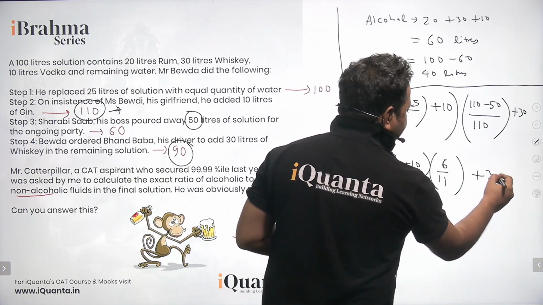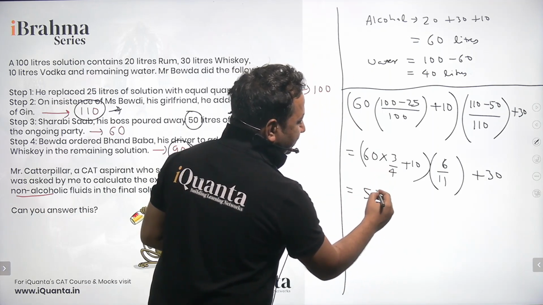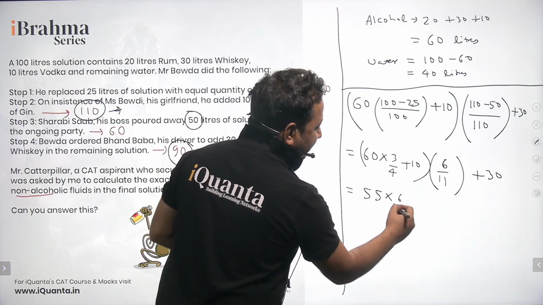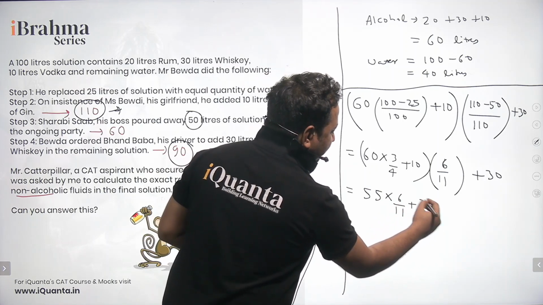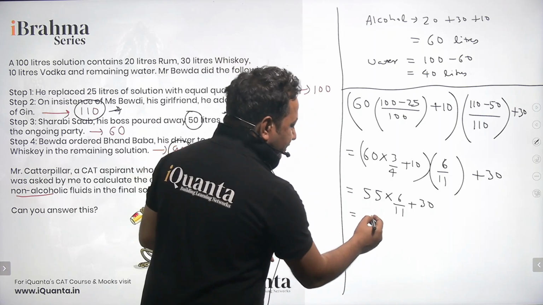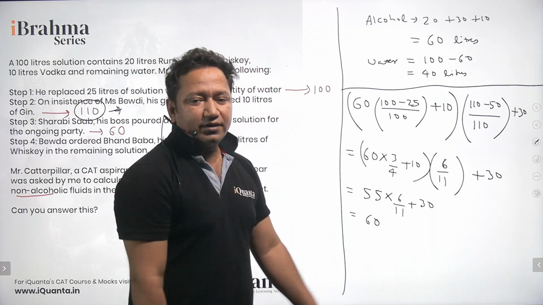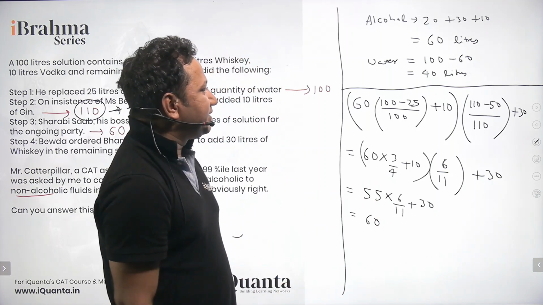And then plus 30. This becomes 55 multiplied by, opening the bracket, 6 by 11 plus 30. You can see 11 and 55 get cancelled 5 times. So 5 into 6, 30 plus 30 is 60. We have 60 liters of alcohol. And that is where the question is solved.